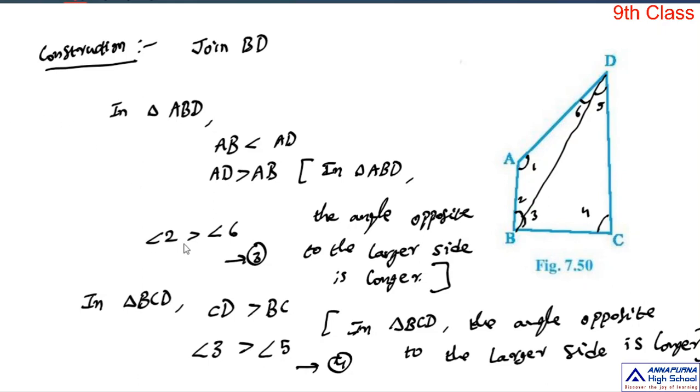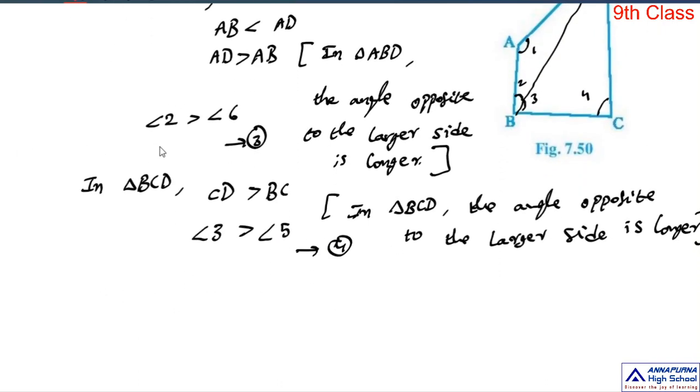We add the third and fourth inequalities. First we add the left-hand side, next the right-hand side parts. Angle 2 plus angle 3 is greater than angle 6 plus angle 5.